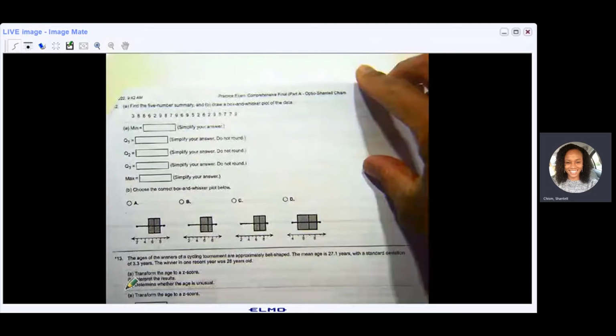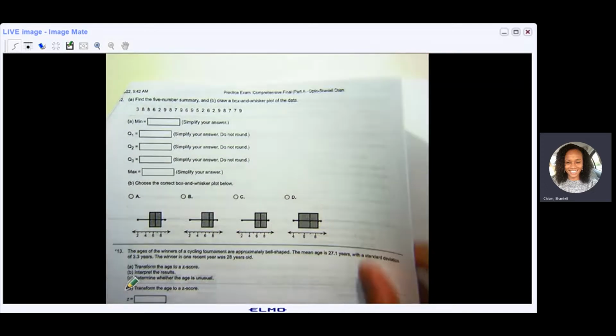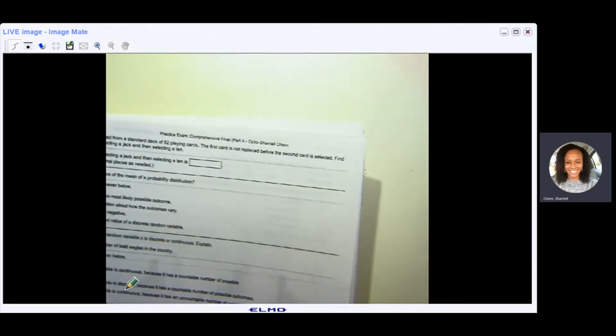So that was again module 2. Let's take a look and see what we need to do on those.